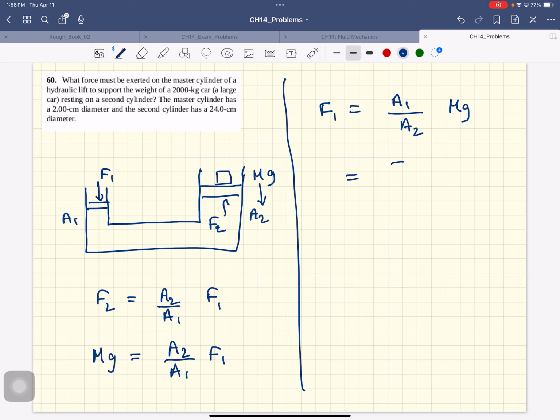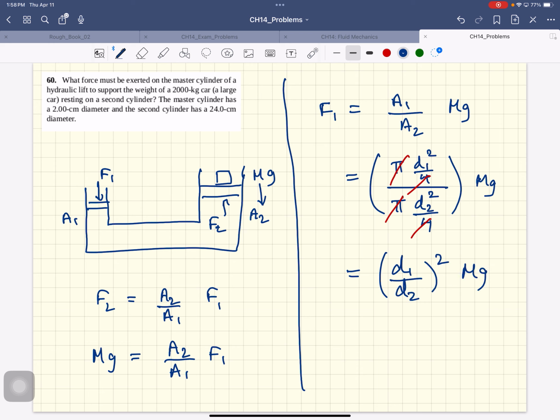And area is pi r squared, which is pi d1 over 4 squared, and of course all the constants cancel. So this is equal to d1 by d2 squared times mg. That's 2 centimeters divided by 24 centimeters.